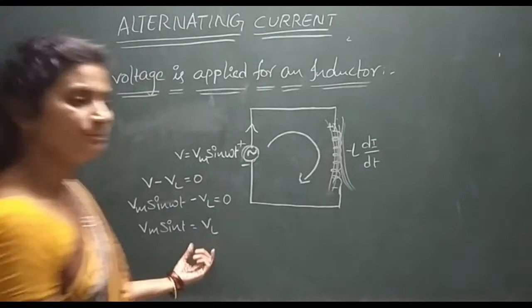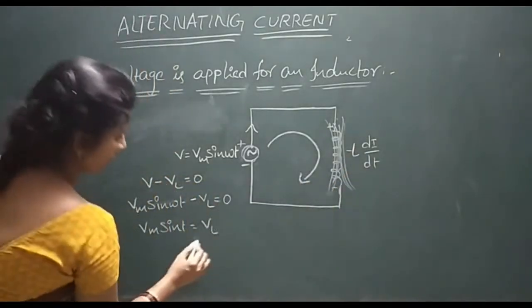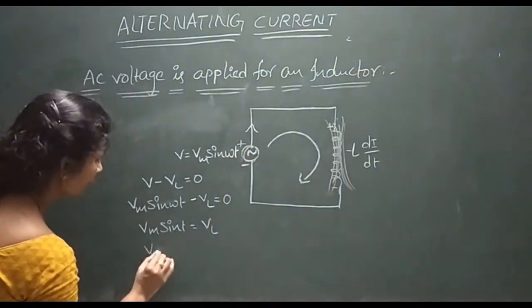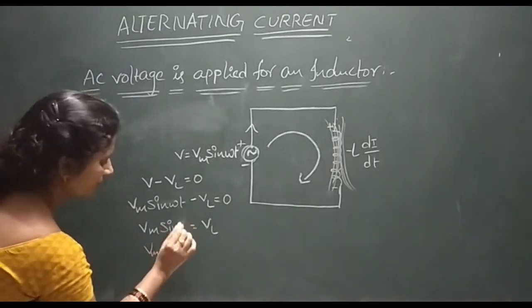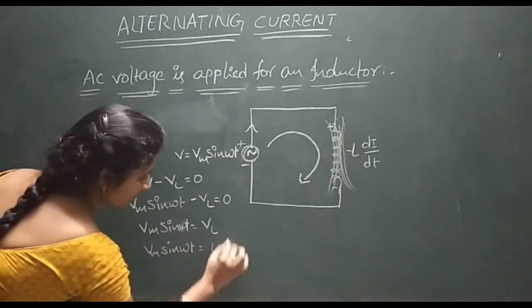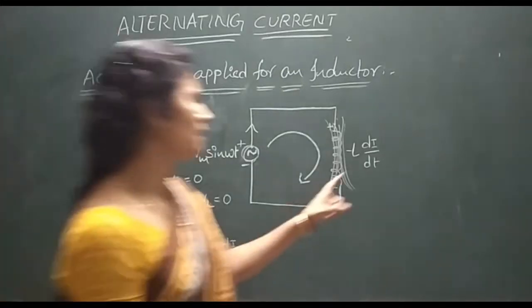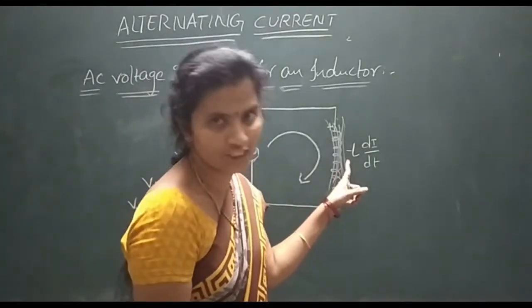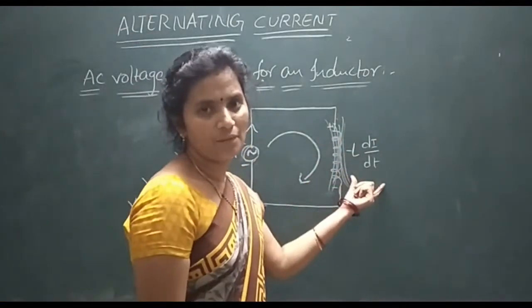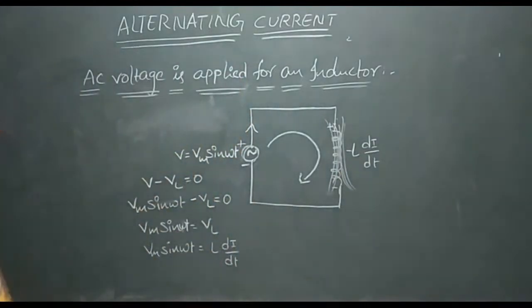VL is the induced EMF, which is minus L into di by dt. So Vm sin omega t is equal to L into di by dt. The negative sign represents the opposite direction. Since we take only the magnitude of the induced EMF, we neglect the negative sign.